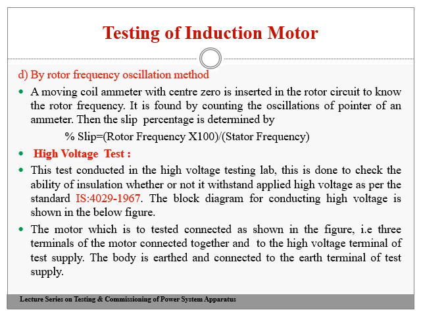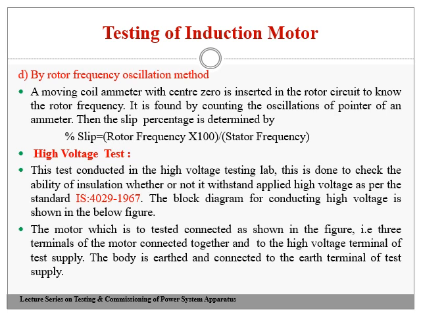This test is conducted, as I said already, in the testing laboratory. This is done to check the ability of insulation, whether or not it can withstand the applied high voltage as per the standards. The block diagram required for this will be shown in the next slide. The motor which is to be tested is connected as in the figure. The three terminals of the stator winding which are brought outside are shorted and connected to the HT terminal of the HV transformer.